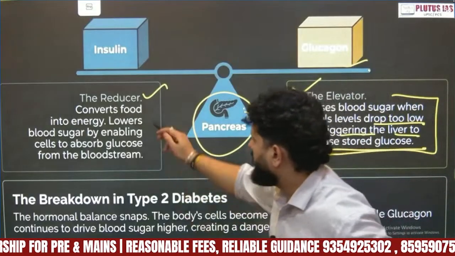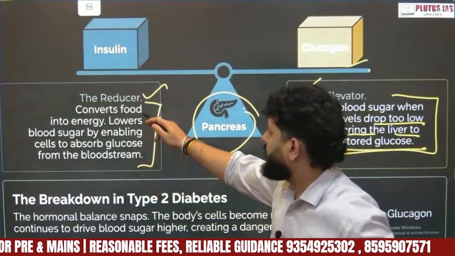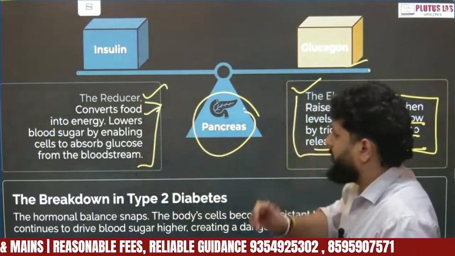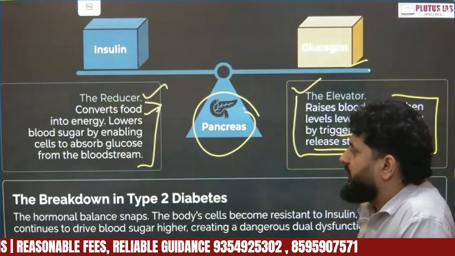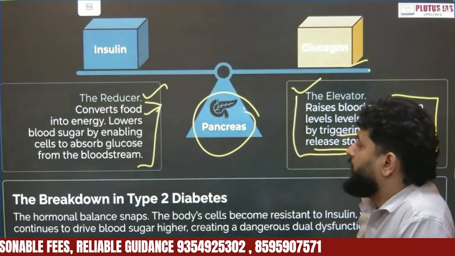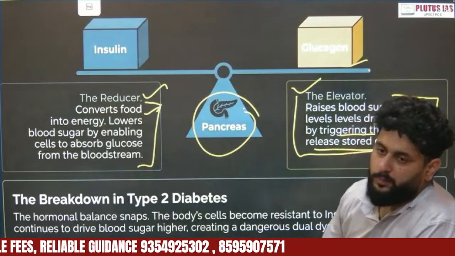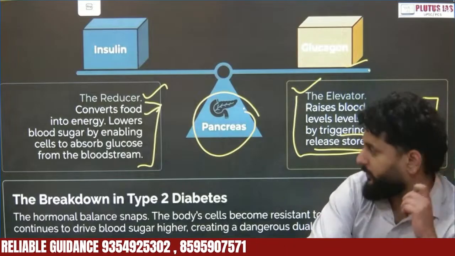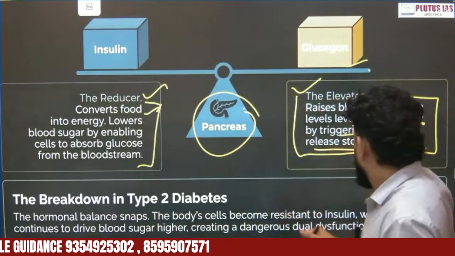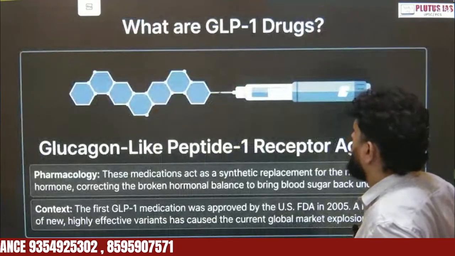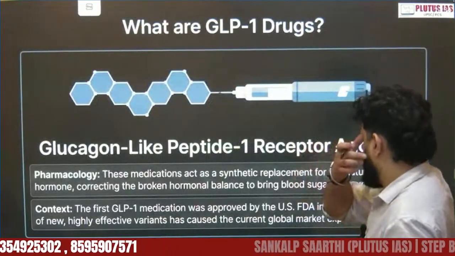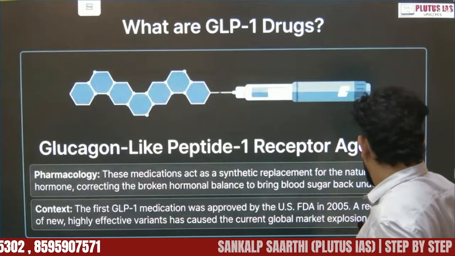And the reducer is what? Convert food into energy, lowering blood sugar by enabling cells to absorb glucose from the bloodstream. ठीक है, तो समझ में आया. अब now let me cover this glucagon peptides topic.